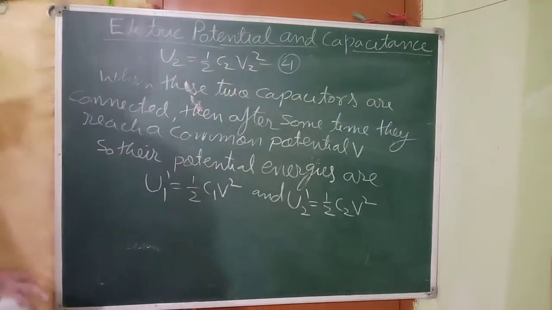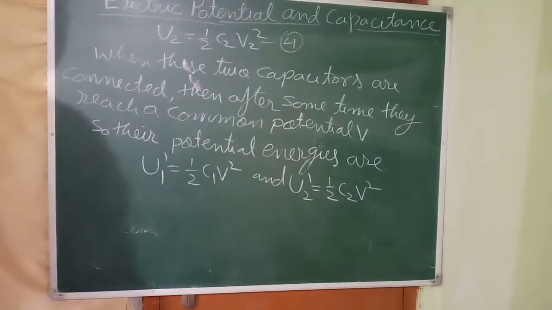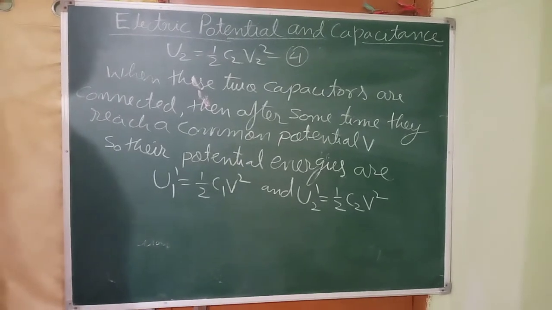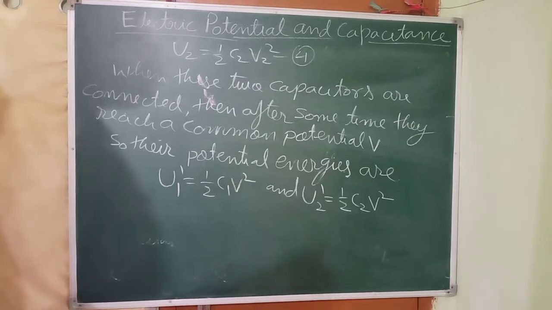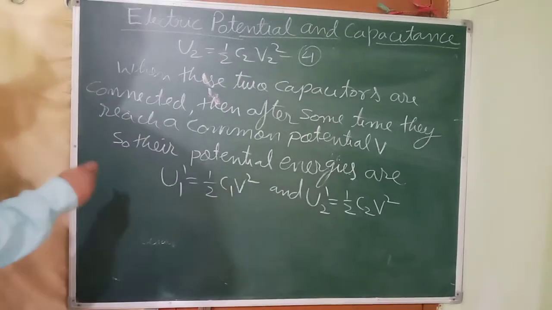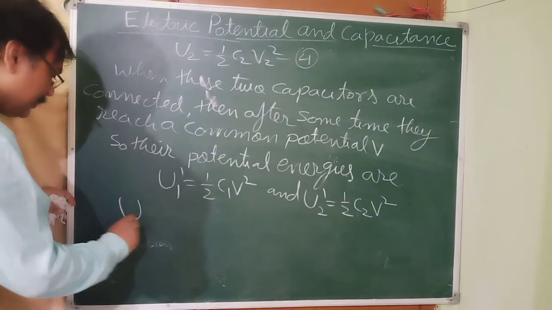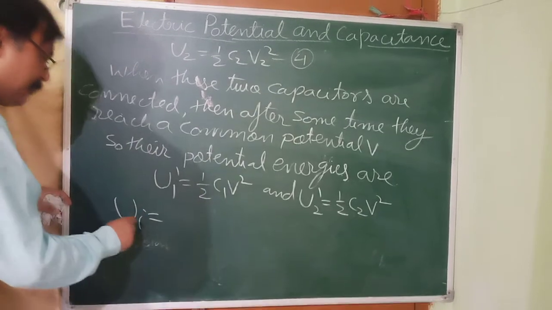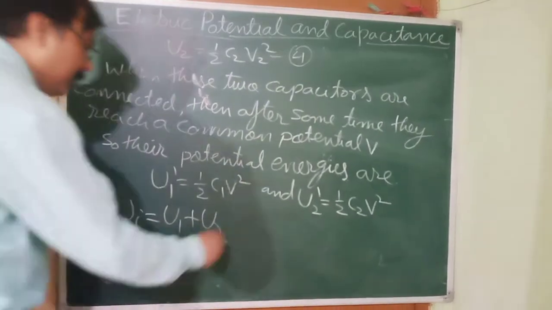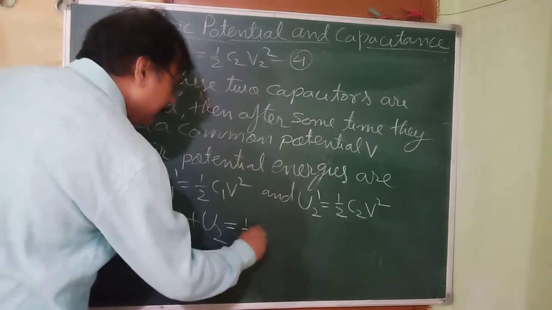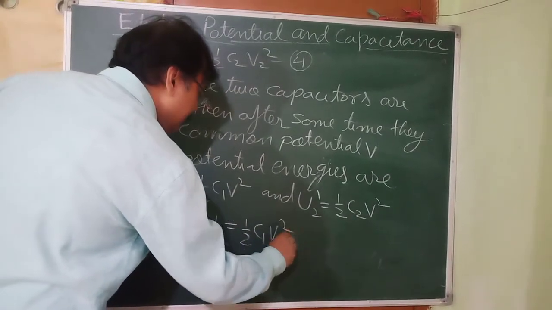Very nice. Now what is the total initial potential energy of the combination? Let it be UI. UI is U1 plus U2. What is the value of U1? It is half C1 V1 square. What is the value of U2?